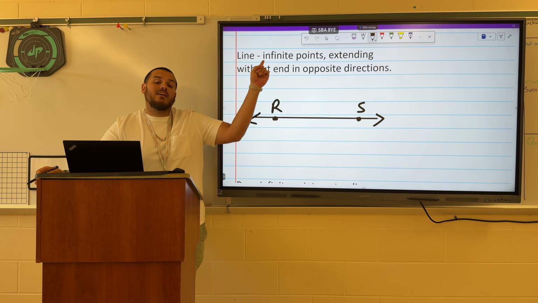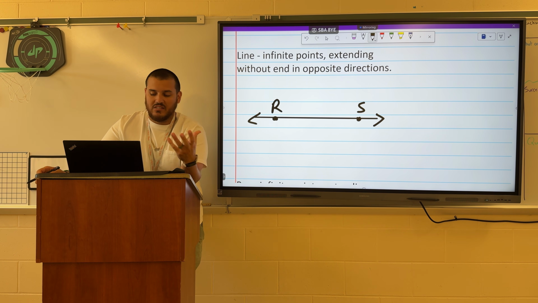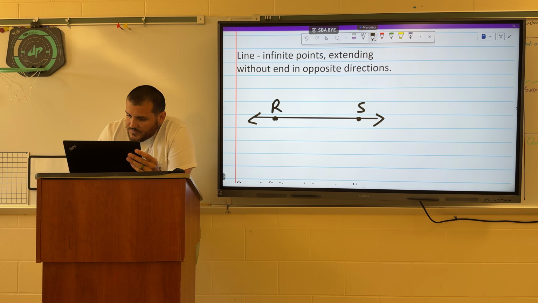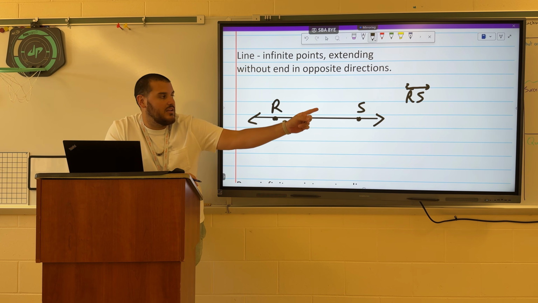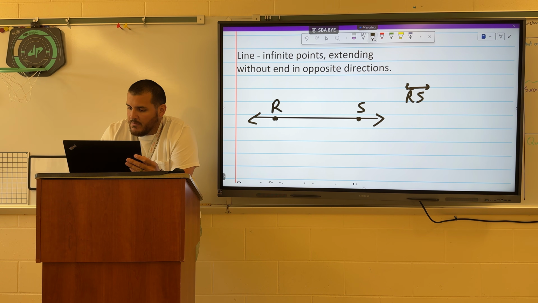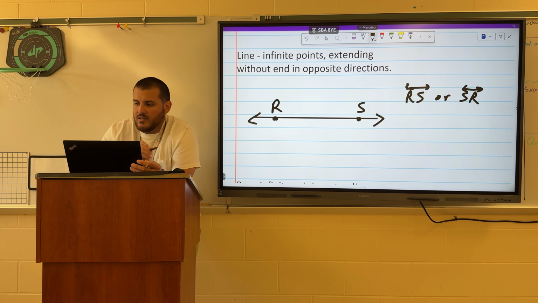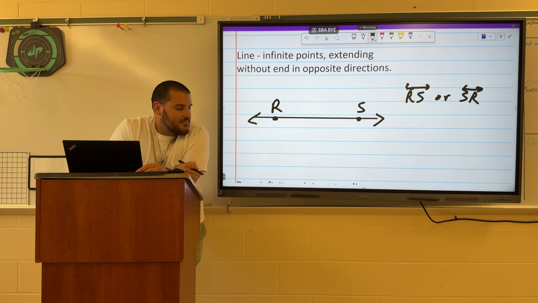So that L-I-N-E will never be spelled out. Instead, we'll have a symbol for us. So line RS with a symbol would look like this, just a little line above R and S. So that reads line RS. Again, order doesn't matter. So this could also be called line SR.